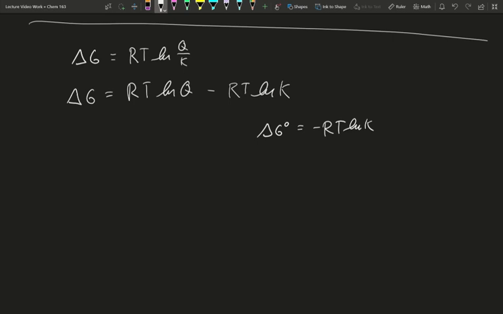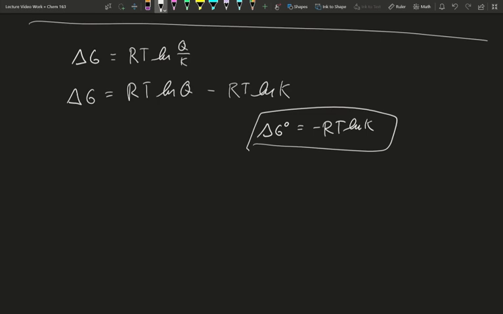Whatever your reaction quotient is, 1 to any power is still 1 divided by other 1s, just comes out 1, and the ln of 1 is equal to 0. So at standard state conditions, this front part disappears, which is where we get our standard state free energy should be equal to the negative RT ln of K.